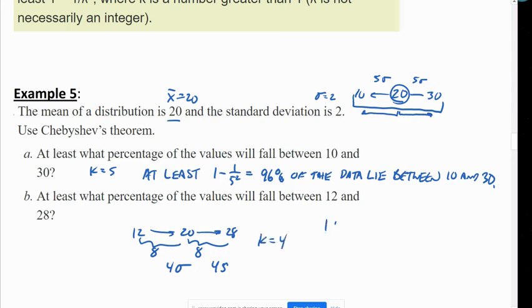So we'll do 1 minus 1 over 4 squared. So 1 minus 1 divided by 16. That is 93.75% of the data, at least.